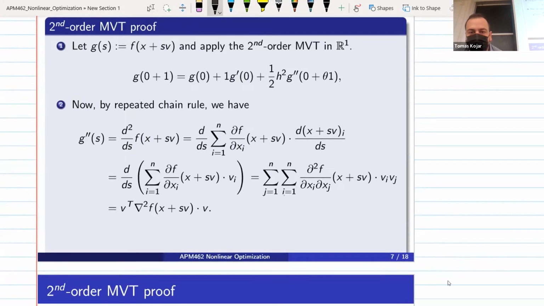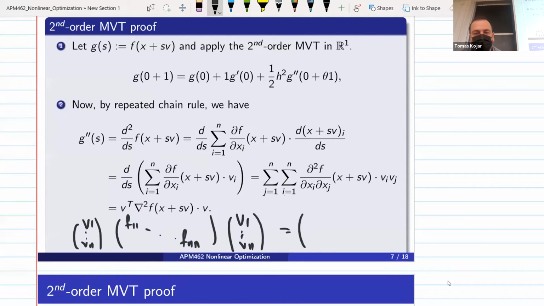If you just look at the ith sum, it's not easy to see. But anyway, this is V1 to Vn. This is the matrix with partials, F11, Fnn, and then this is V1 to Vn.